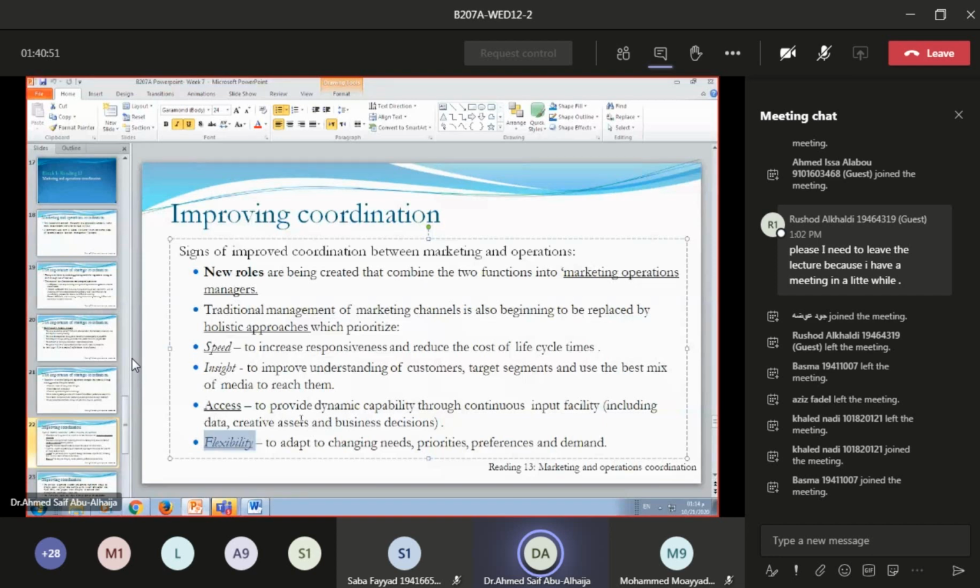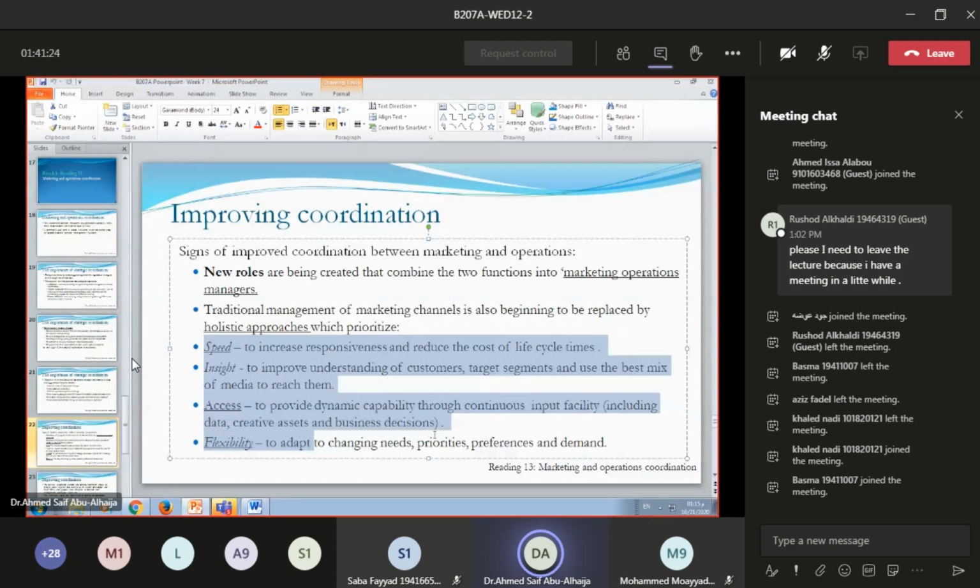Access to provide dynamic capability through continuous input facility, including, guys, what you can see here, you can see marketing, you can see what? Operation, right? Together. You see, that's why it's a holistic approach. The holistic approach means it will consider marketing and operation and the others that affect them.